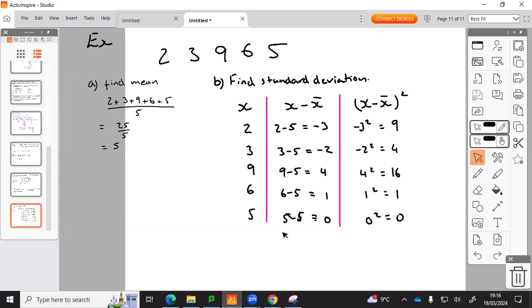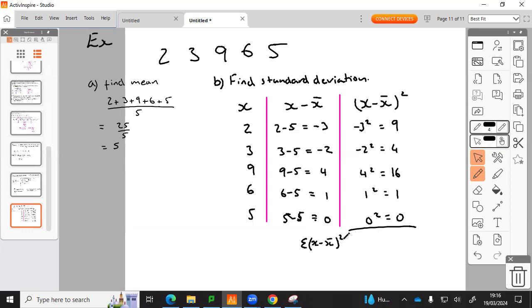Is there any point to write out the standard deviation actual formula? Yep, absolutely right. So what this does is it builds up the sum of these numbers and then it makes it easier to substitute in. So what we're trying to establish here is the total of those numbers. So at this point, you then go sum of X minus X bar squared.